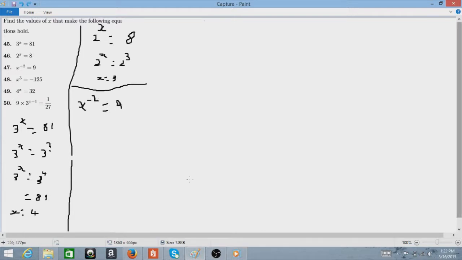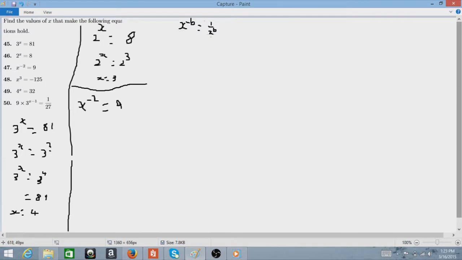Recall the rule when I stated, let me write it in this corner here, that x to the power of minus b is the same thing as 1 over x to the b.